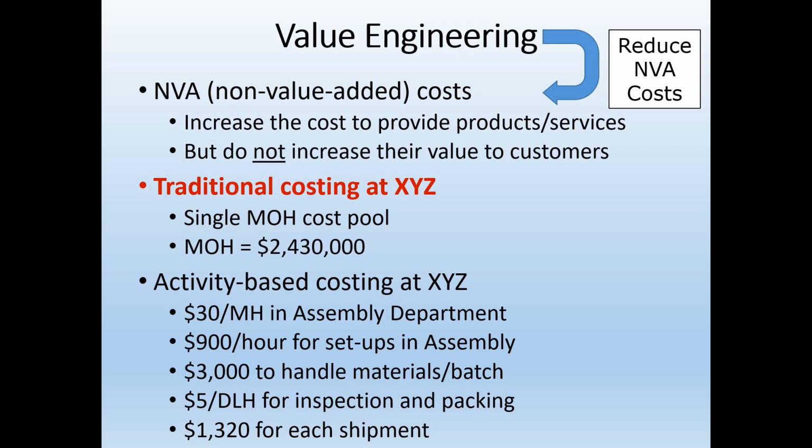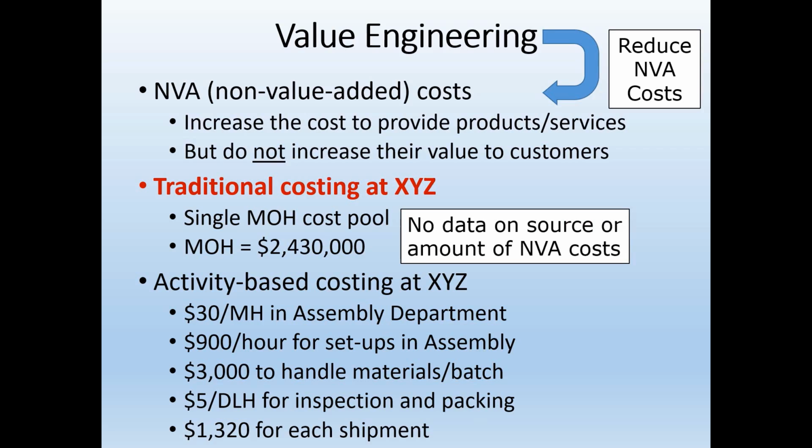The problem with traditional costing is that it uses a single overhead cost pool. So, for example, XYZ knows that it had over $2 million in overhead costs, but that doesn't give the firm any hints about where those costs came from or how they might reduce some of them.